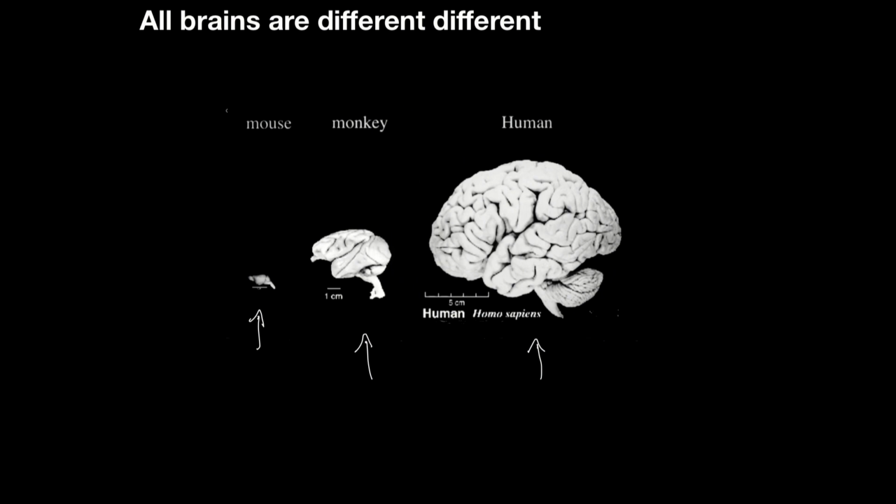At the same time, you may not know that the human brains by themselves are all different. So if I were to count the number of neurons in the visual cortex of everybody in the room, we would find that some of you have 3 times more neurons in your visual cortex than others. There's somebody in this room that has fewer neurons in their visual cortex than a normal chimpanzee.